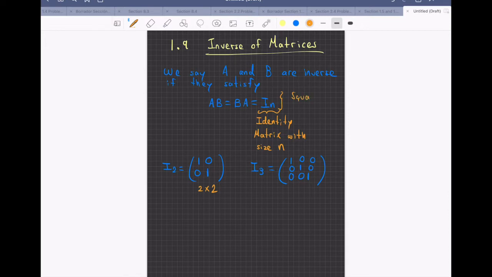Square matrix. Same number of rows and columns.